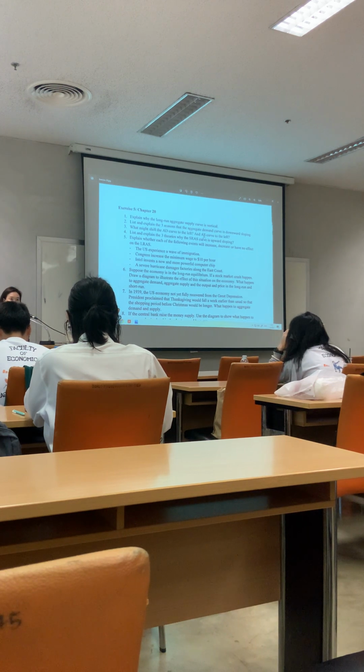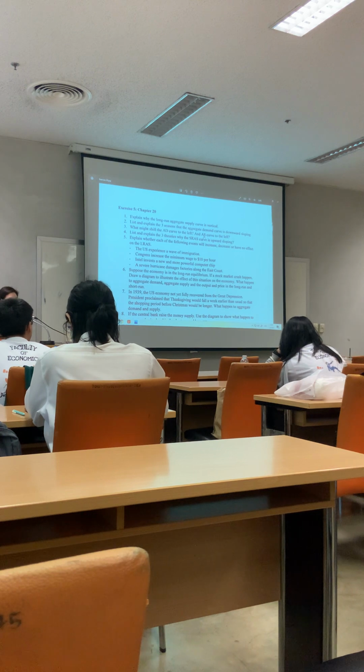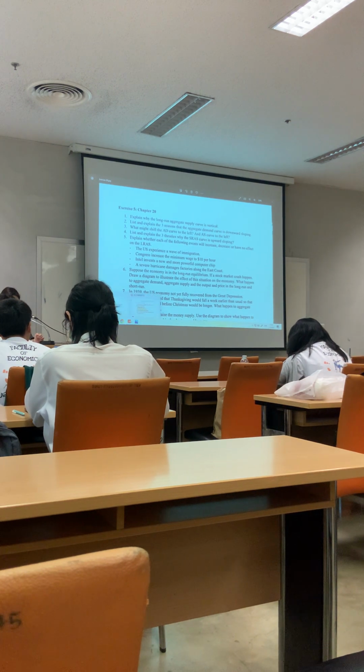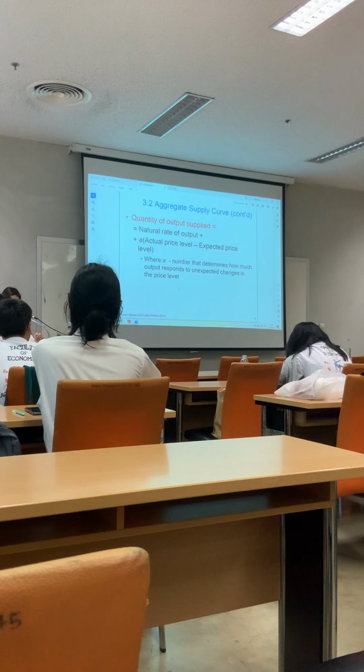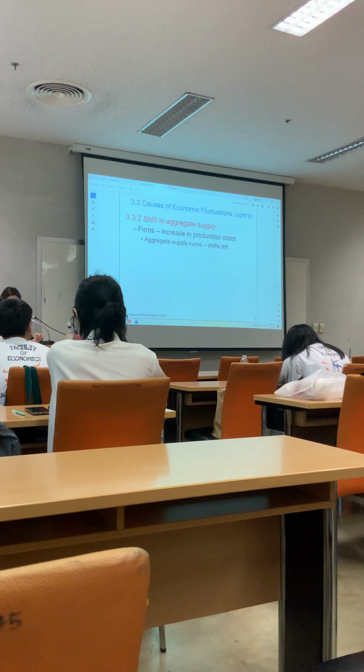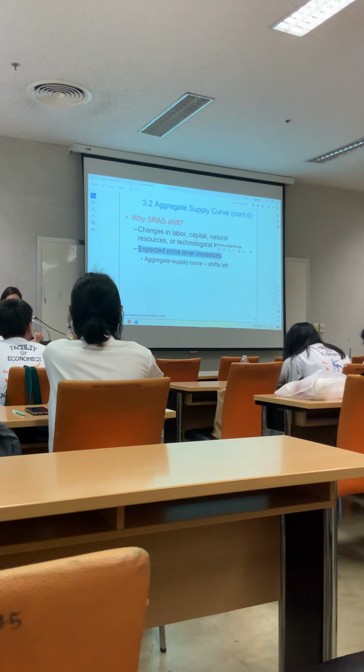Can you tell me, in fact, there is another factor that makes the SRAS curve shift, apart from the 4 factors that you told me? There is 1 factor that makes the short run AS curve shift, which is... Yeah, okay.